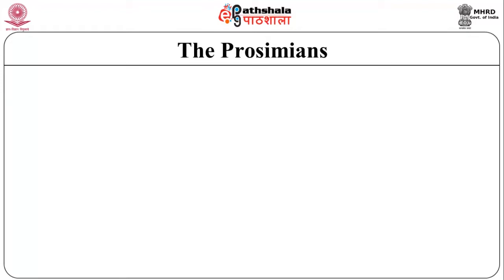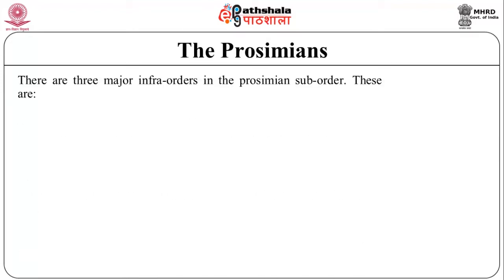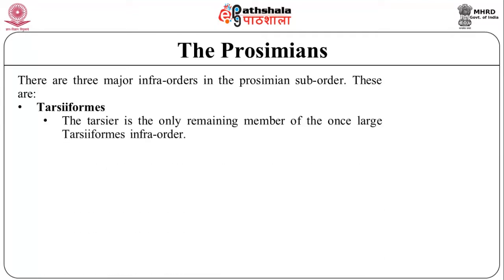Now, let us go to the prosimians. There are three major infraorders in the prosimian suborder. These are Tarsiiformes, Lorisiformes, and Lemuriformes. Now, Tarsiiformes. The tarsier is the only remaining member of the once large Tarsiiformes infraorder.